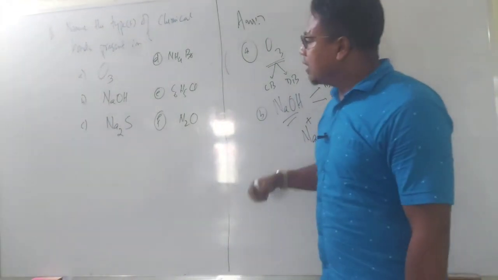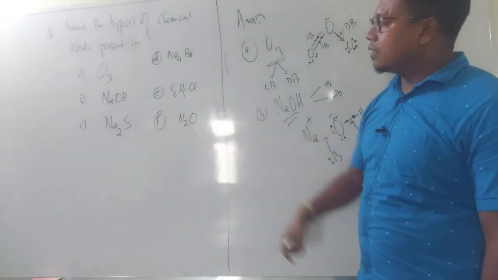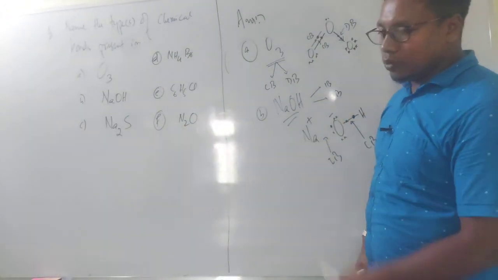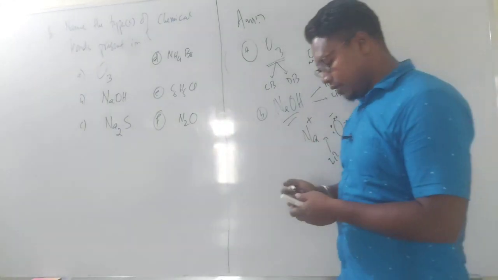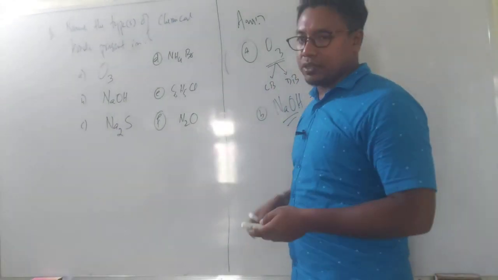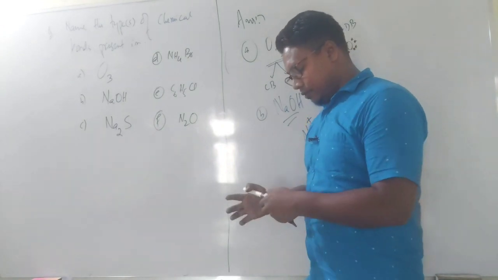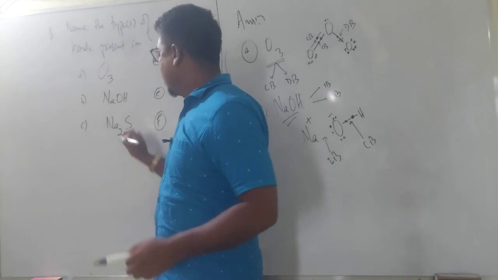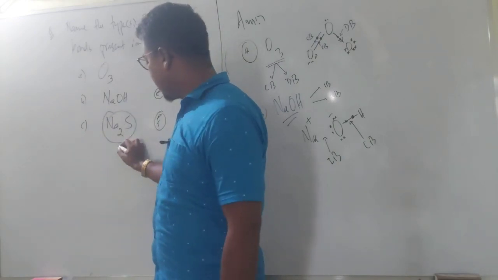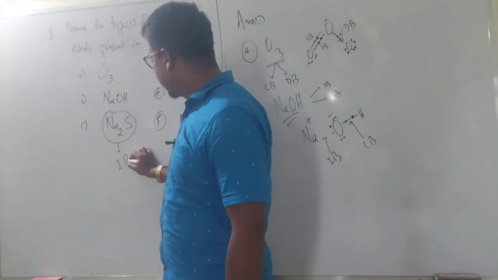Okay, so similarly I can just write the types of bonds present here without drawing all the structures, right? Because if I draw all the structures, that would take more time and the video would be very long. So this sodium sulfide contains only ionic bond.